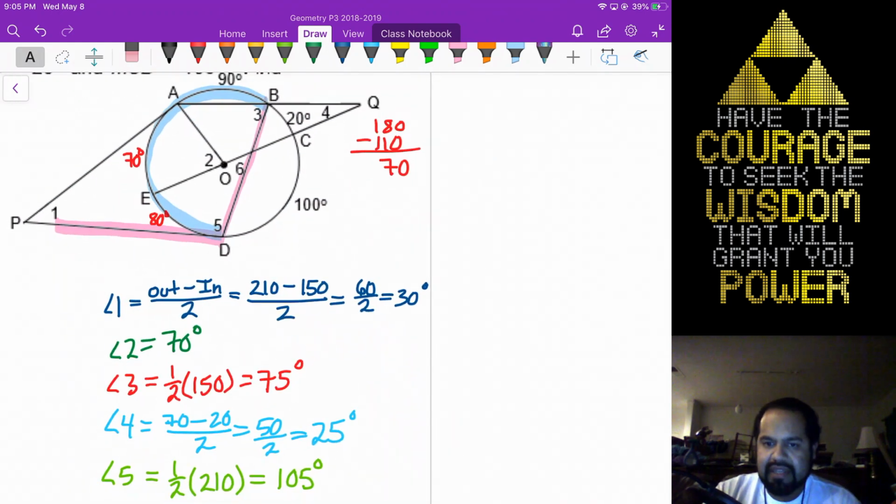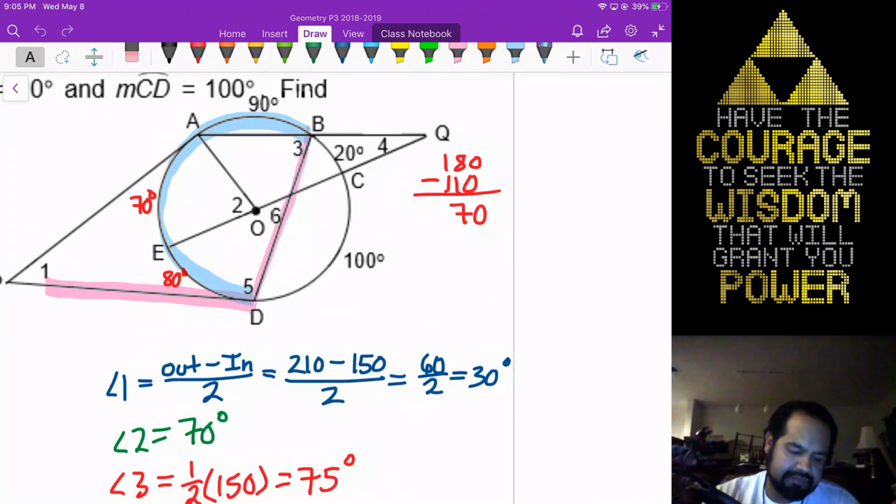All right. Angle 6, our last one here. So angle 6 is not in the center. If it were in the center, we would have this dot right there. So instead, angle 6 is found by creating our bow tie.